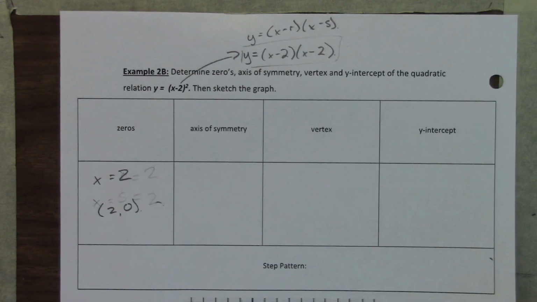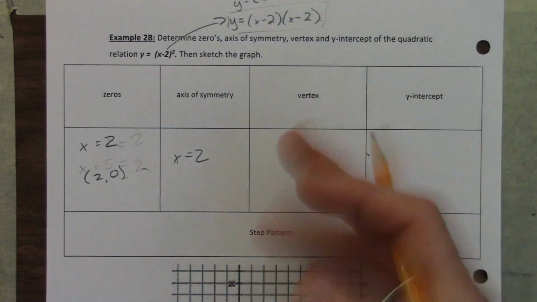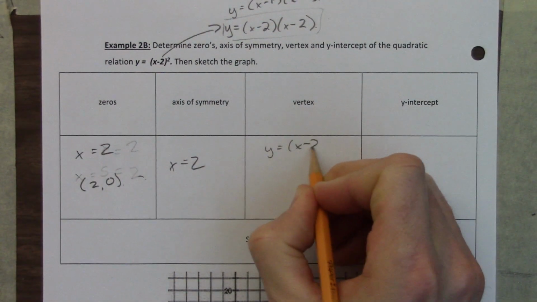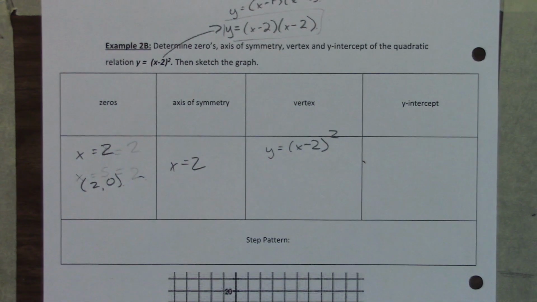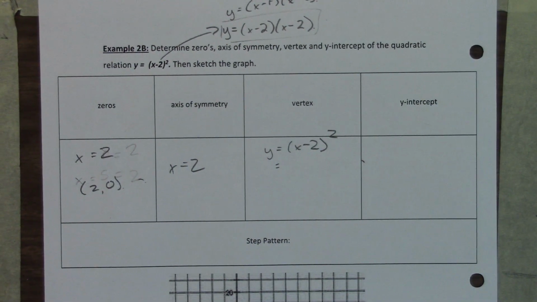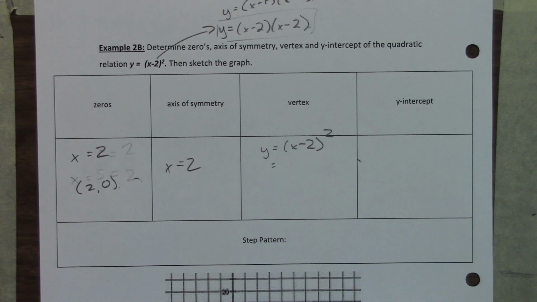Douglas? Yes. Thank you. My vertex then is, I'll help you out. I'm going to write the short formula. What do I do for vertex? You plug in the 2 into the x.